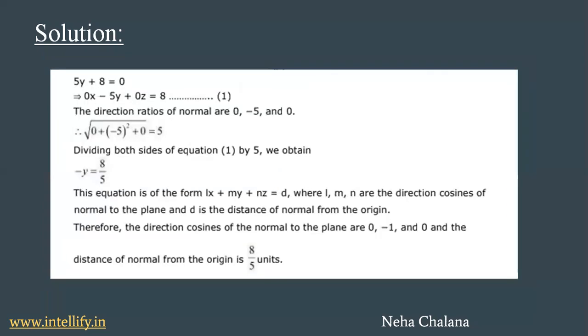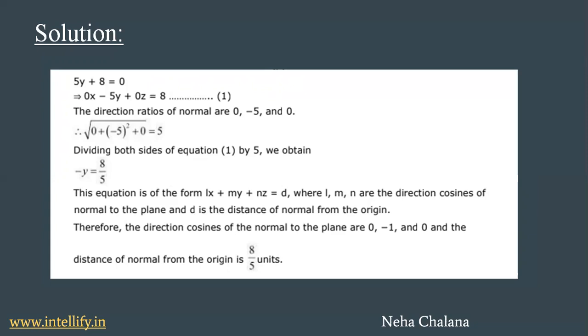Now for the D part, we have the equation 5y equals to minus 8. Here we can write this equation as 0 multiplied by x minus 5y plus 0 multiplied by z equals to 8. Now we have to find the direction cosines.